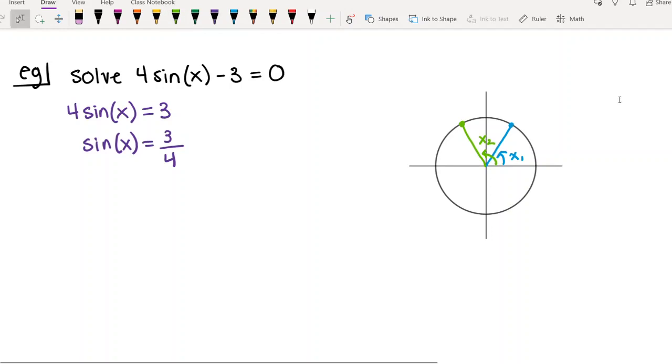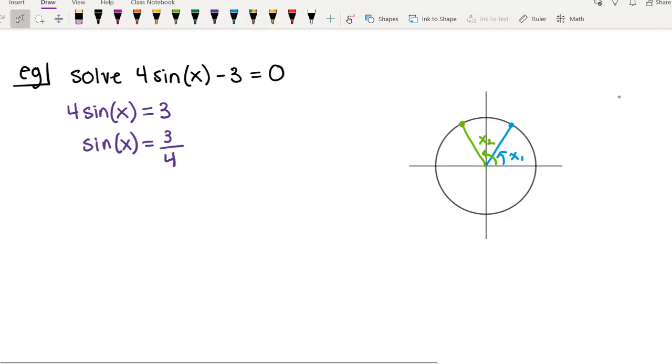Okay, so just like we did on the last one, the next thing we're going to do is use inverse sine to find one of those angles. Even before we do that, we can already tell which angle it's going to give us. It's going to give us the blue one, because the blue angle is the only one of the two that's in the right part of the unit circle for inverse sine. There's no way inverse sine is ever going to give you an angle in quadrant 2.